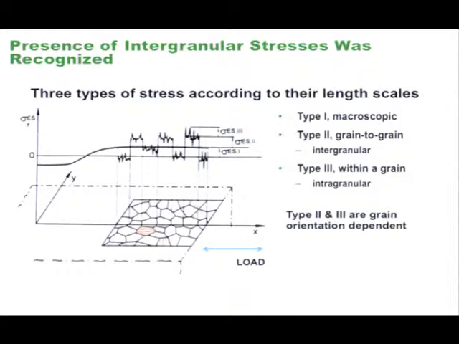So by measuring the peak width, you can try to decipher what's going on, or the substructure within a grain. But what I'll be concentrating on is the type 2 strain, or so-called intergranular strain, and how you can use neutron diffraction to study the change of these intergranular strains, and from that gain some insights into how materials deform.